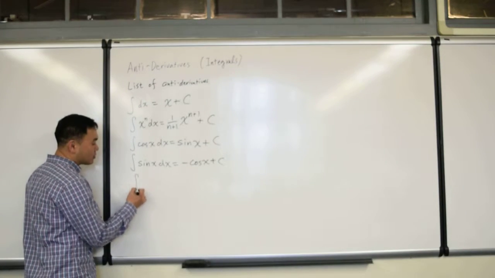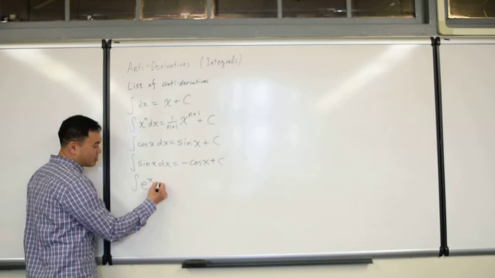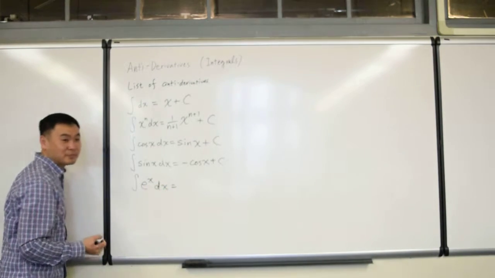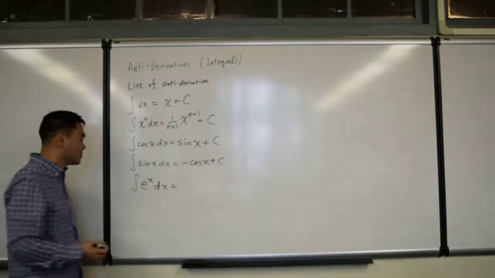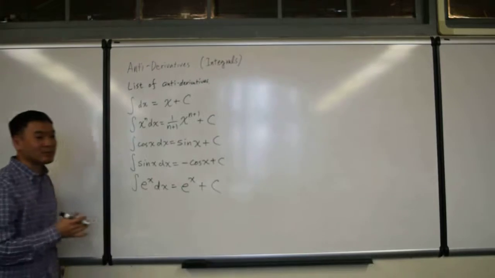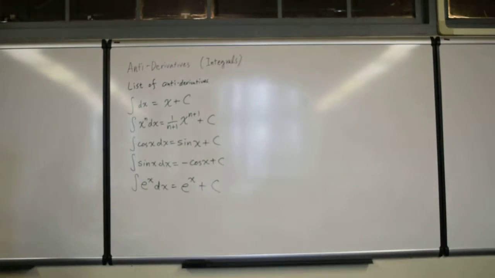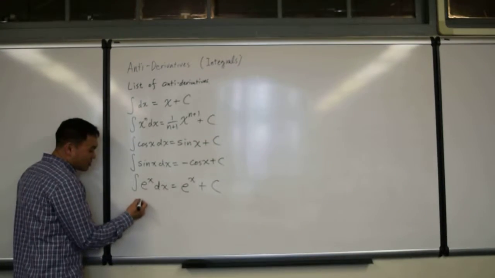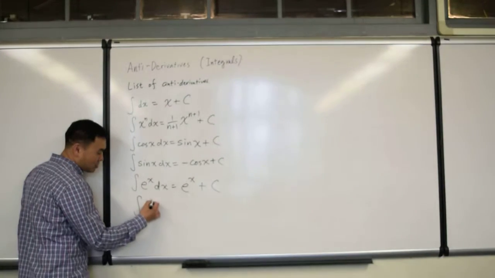And then, what's the integral of e^x dx? That's probably the easiest. Yeah. Because e^x differentiates to e^x, it's the same thing. And to go one step more, what's the integral of a^x dx?